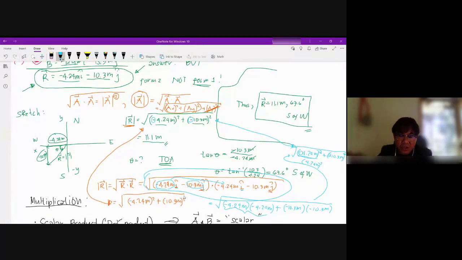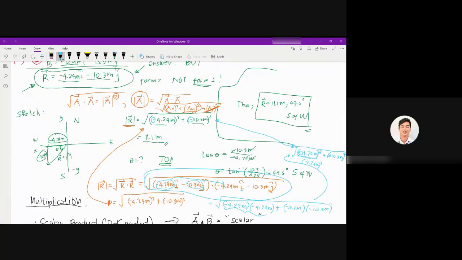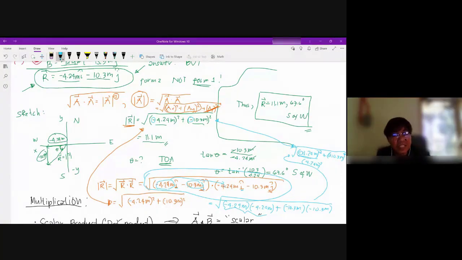Nasabtan naman nato nganong i-square ra siya. Ang reason behind that kay naay details about kining I hat: ang I hat o j hat ra ang mag-contribute. Dili mag-contribute ang I hat dot j o j dot I hat. So ang Pythagorean theorem nato kay shortcut compared with the scalar product.